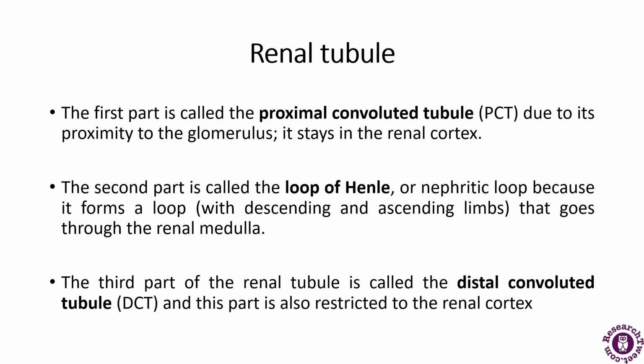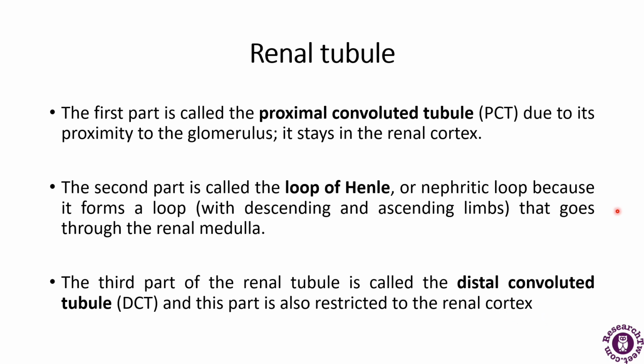The second part is the loop of Henle or the nephritic loop, because it forms a loop that goes through the renal medulla. And the third part of the renal tubule is called the distal convoluted tubule. This is a restricted part of the renal cortex.